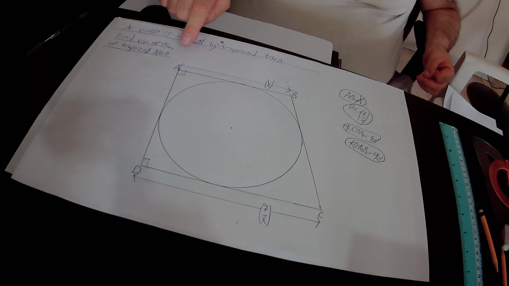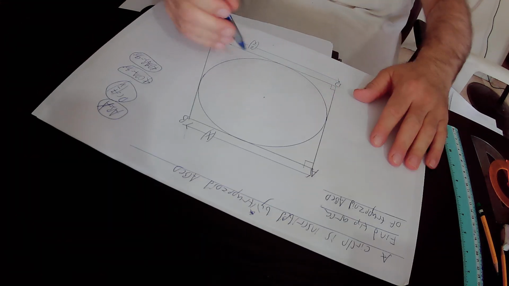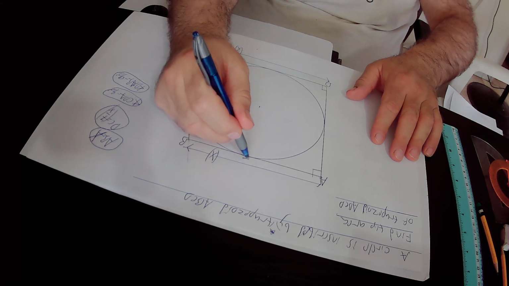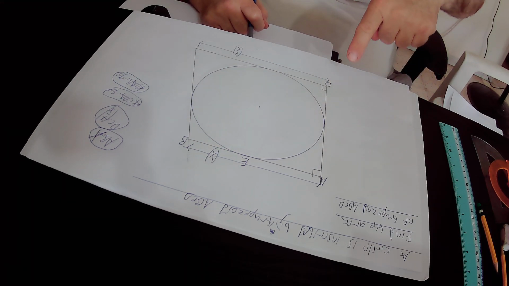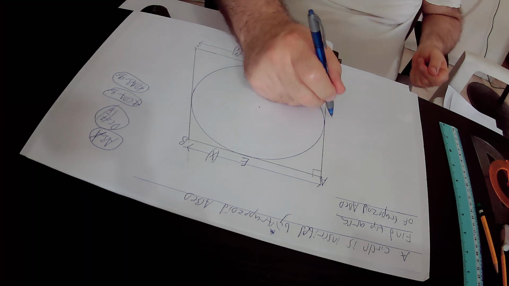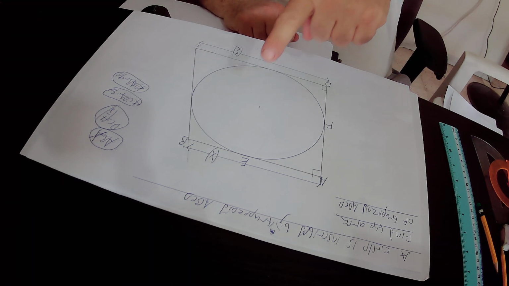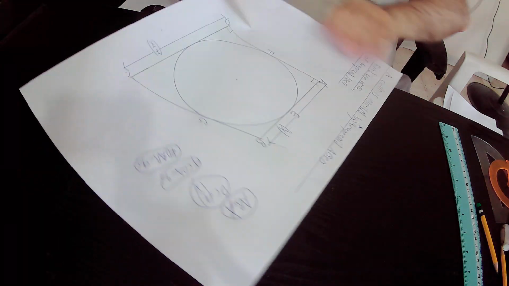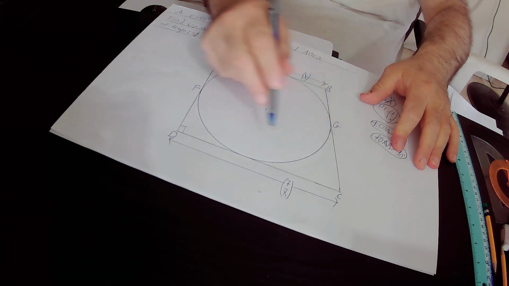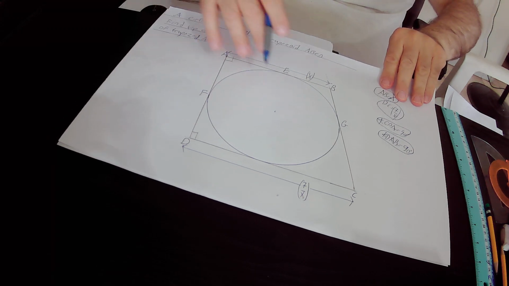We define the point of tangency of side AB with this circle as E. Likewise, we define the point of tangency of side AD with this circle as F. We define the point of tangency of side BC with this circle as G. And finally, we define the point of tangency of side DC with this circle as H.